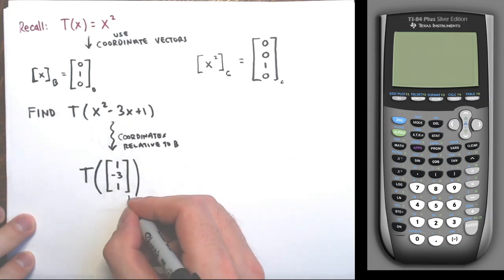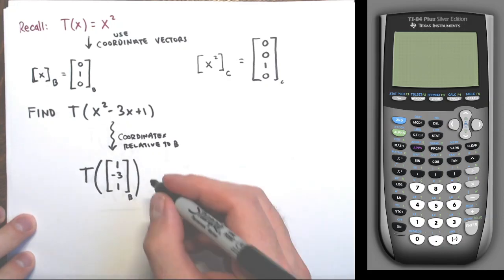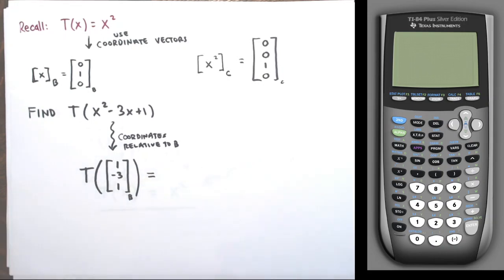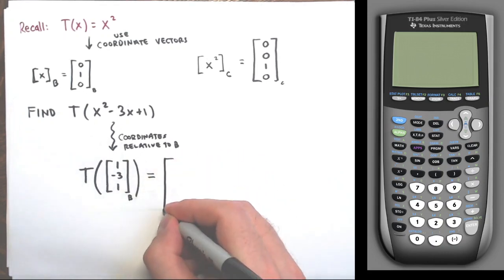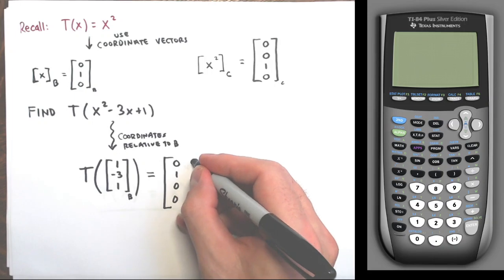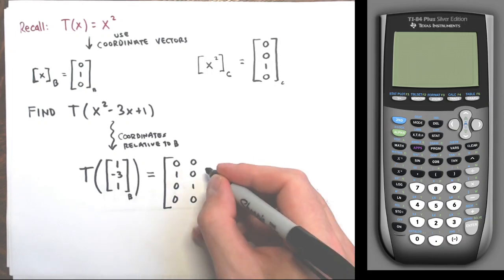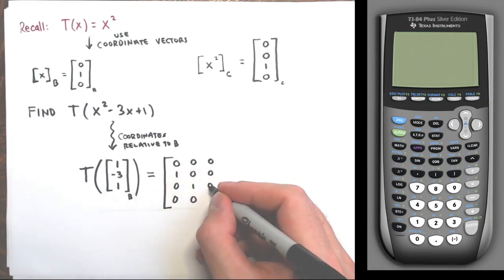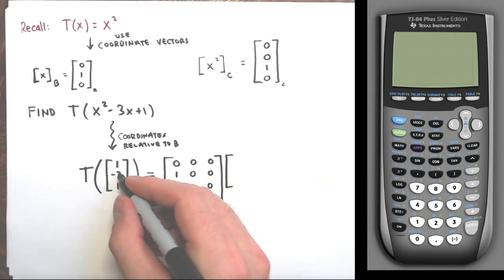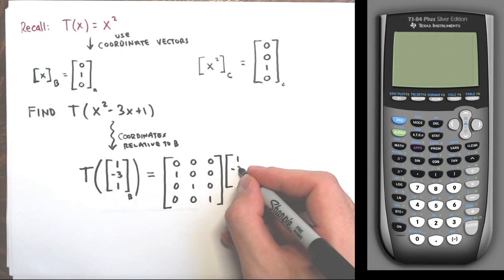Now, according to what I wrote a minute ago, this should be equal to that standard matrix, the 4 by 3 matrix. Here was the standard matrix for this particular transformation, multiplied by my input, 1, -3, 1.